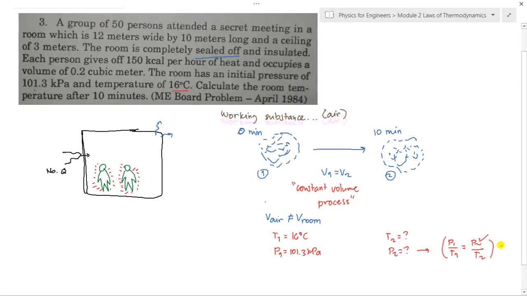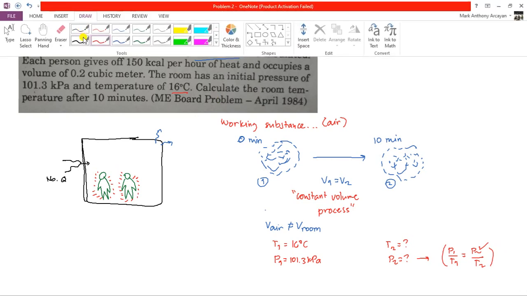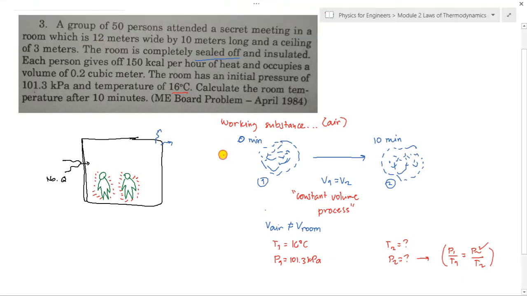And what else? So may lain pa nga given ari. Ang kada person daw mihatag og 150 kilocalorie per hour. So therefore, naa siya heat nga mingadto sa atong working substance. Di ba? Mao nang pili agad sa imong system ang working substance para di ka maglisod. So if I have here a person, meaning nagrepresent siya sa 50 ka buok, so midagdag na siya dira.